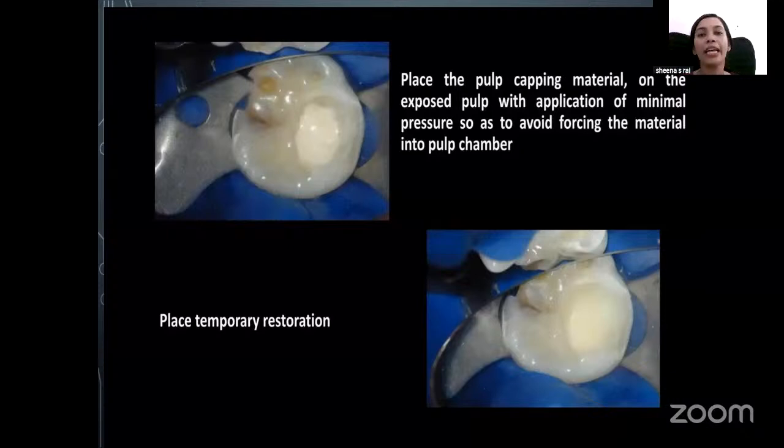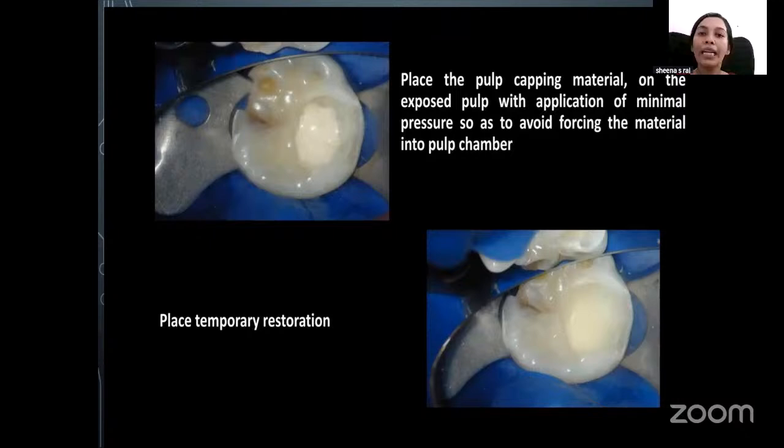Avoid forcing. Sometimes in the options the question will say we'll be placing the pulp capping material with a lot of force. Whenever you read the question it might be very easy. It is only our conscious reading or concentration where we can actually provide a proper answer. So that is very important.